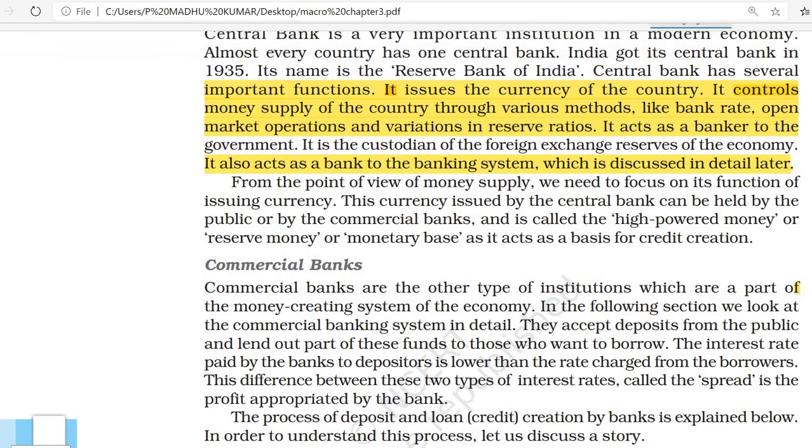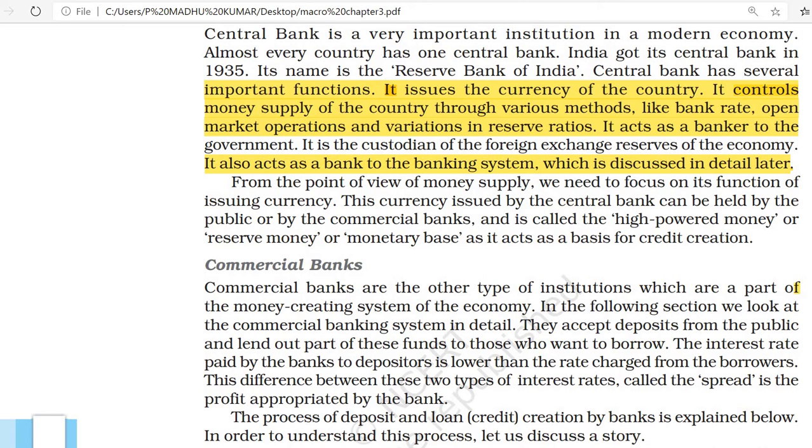We know a bank is an institution which deals in money. It accepts deposits from the public and lends the same to those who need it. It is a dealer in money and credit. Commercial banks have some features.